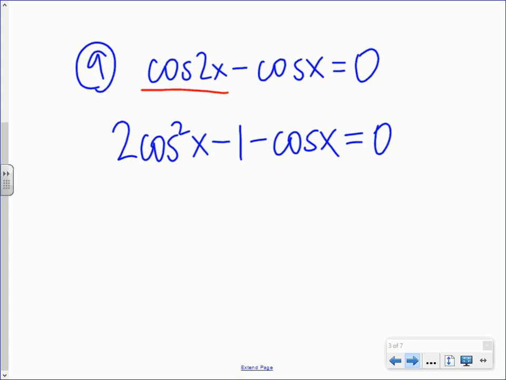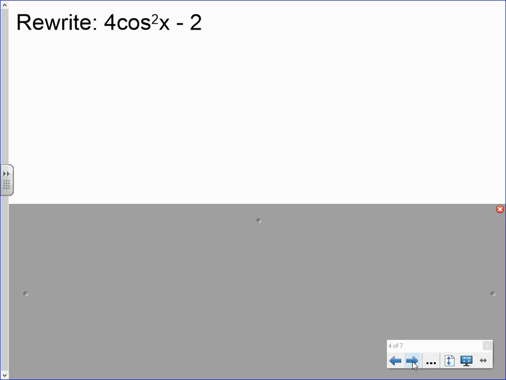Okay, just like we did yesterday, we are going to have to work backwards a little bit, so go ahead and write this down. We're going to rewrite 4 cosine squared x minus 2. All right, so we're rewriting.